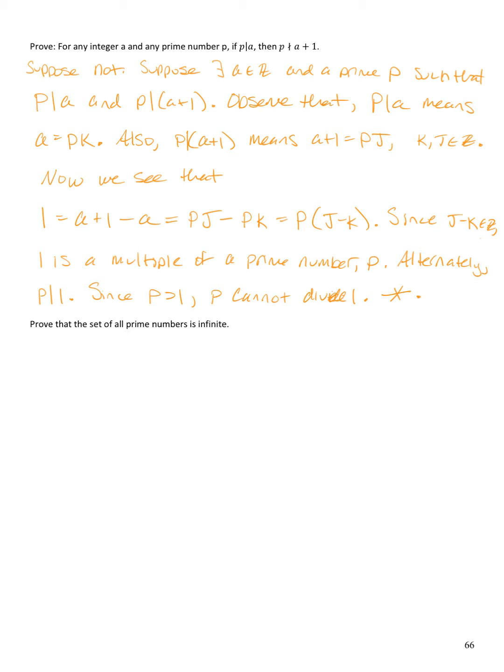Okay, now we want to prove that the set of all prime numbers is infinite. We're going to use the lemma we just proved above at some point. But this is another famous proof by contradiction. Suppose not. Suppose the set of primes is finite. Then there must be some largest prime number.